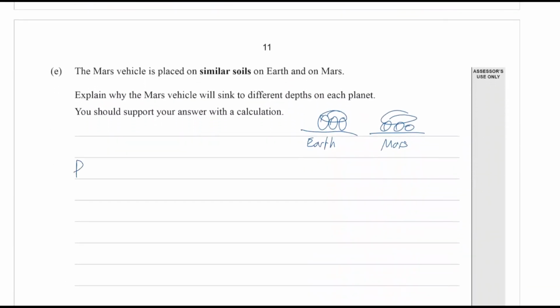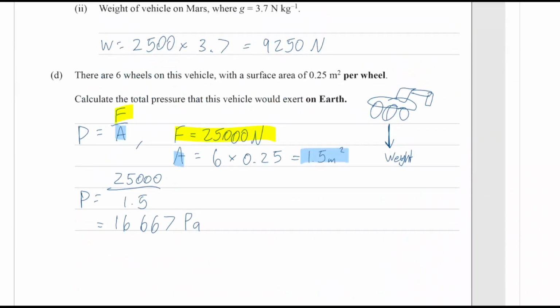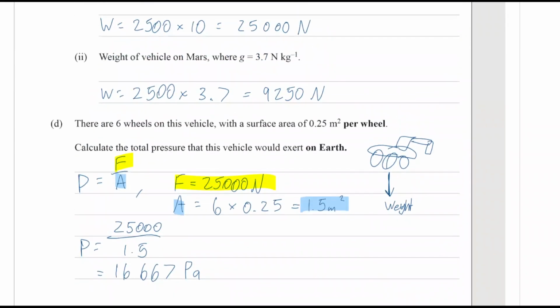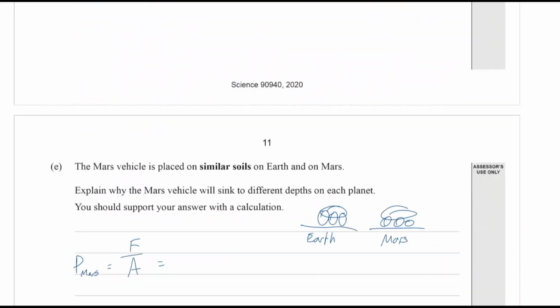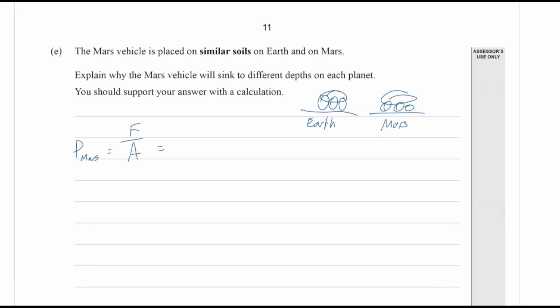So the pressure for Mars is, again, force divided by area. But this time, instead of the force being 25,000 newtons, it's only 9,250. Right? Because the gravitational pull on Mars is lower.